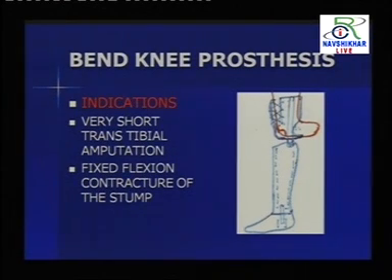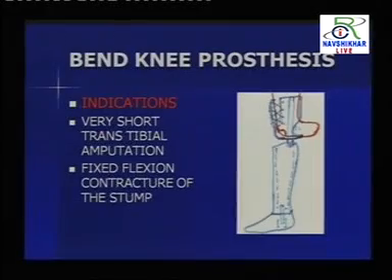So for comfort, the patients keep the knee in a flexion position, and they don't do exercise with the remaining stump. So in due course of time they develop a contracture at the knee level, and we are not able to bring the knee into a straight position.